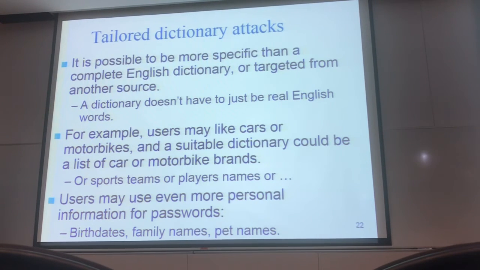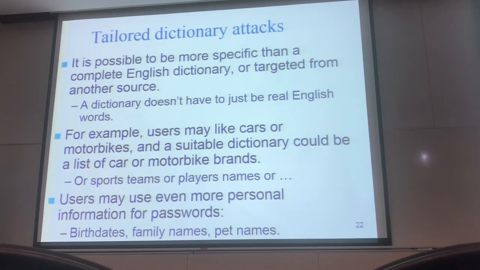Right, so in general, although we can build a dictionary containing all the possible passwords, sometimes the attacker will use a tailored dictionary. This is in conjunction with so-called social engineering. If we have a specific target, we may predict the password from some information we know about this target.